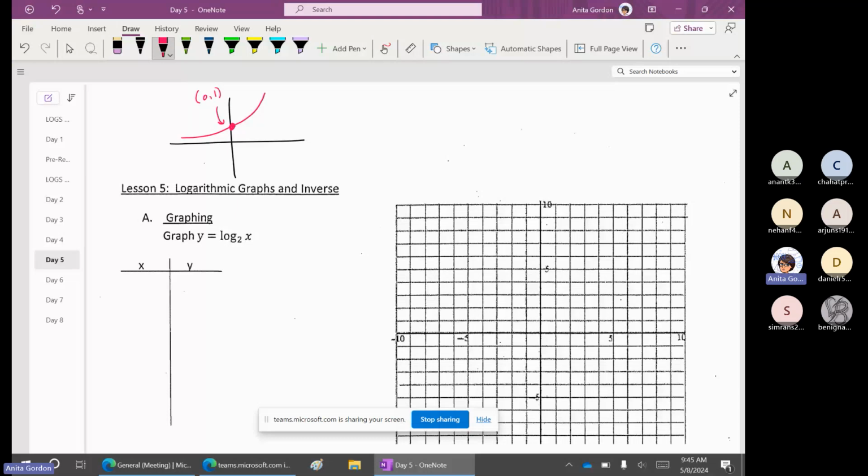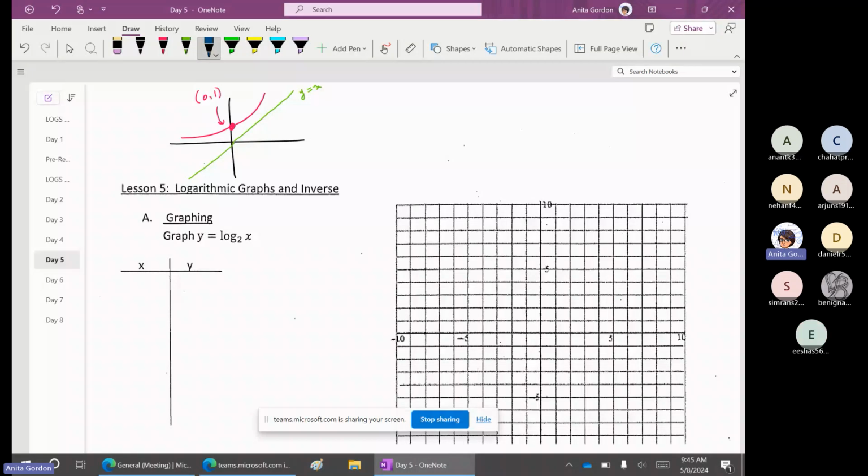When we take an inverse, we are swapping positions of the x and y coordinates, which means we are reflecting it along the y equals x line, the diagonal of the graph. So we are reflecting it over, essentially folding it over, and now the intersection, instead of being at 0, 1, will be at 1, 0.